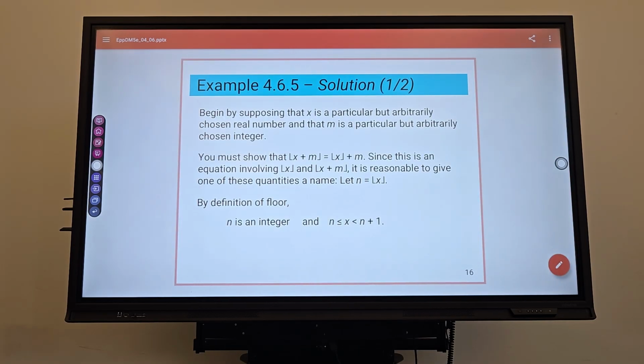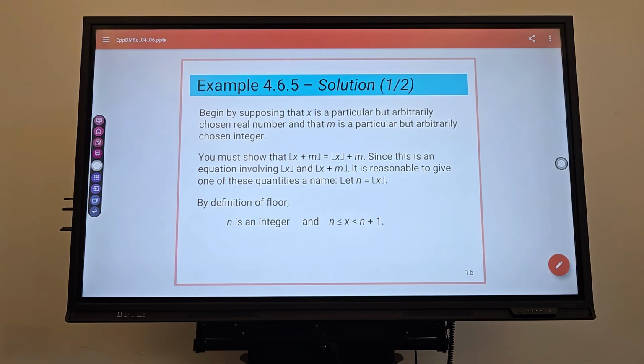Okay, begin by supposing that x is a particular but arbitrarily chosen real number and m is a particular but arbitrarily chosen integer. Since this is an equation involving x and floor of x and the floor of x plus m, it is reasonable to give one of these quantities a name. Let n equal the floor of x.